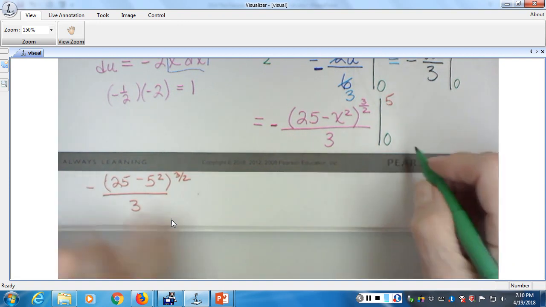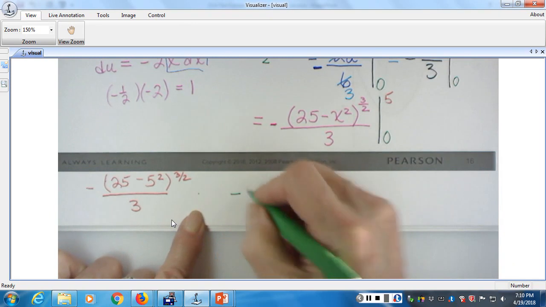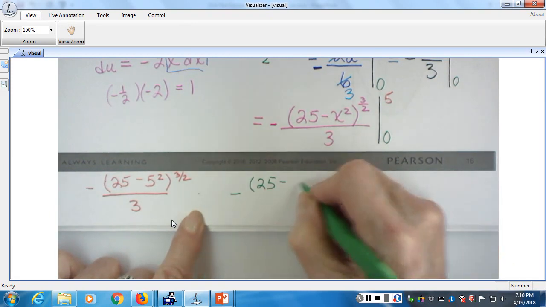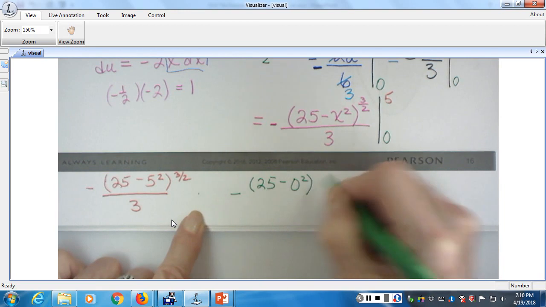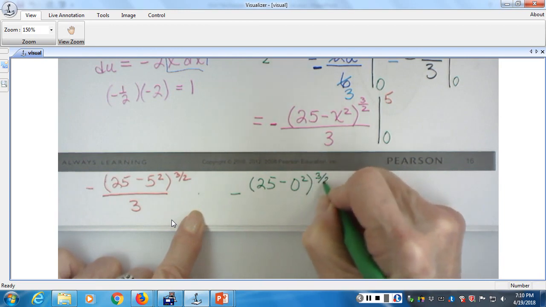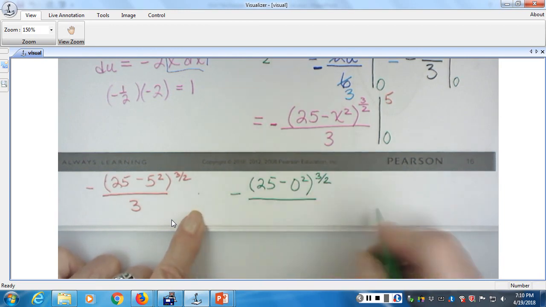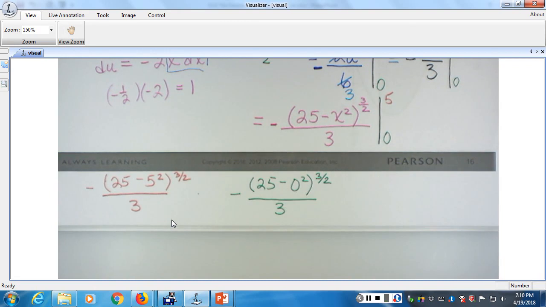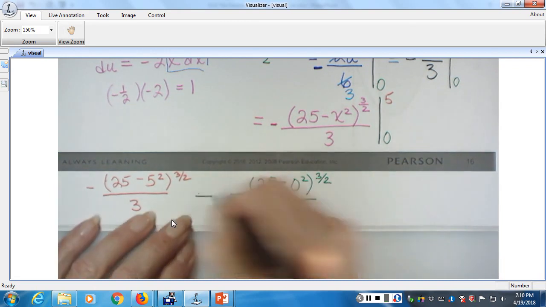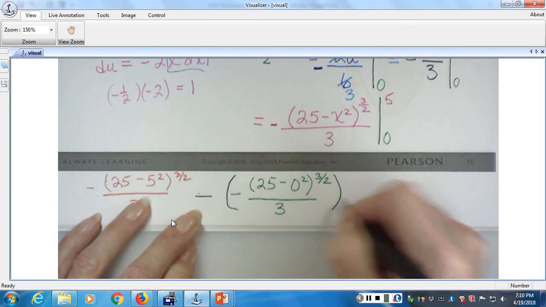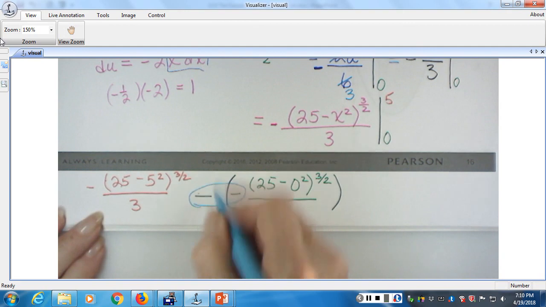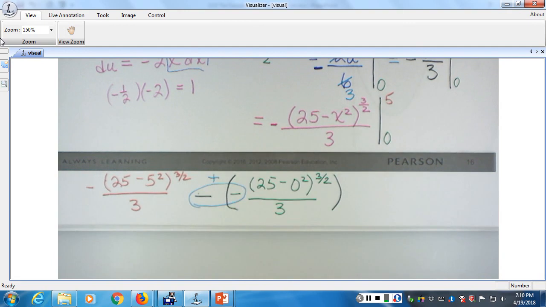And the second one's going to be that. And remember that we're subtracting the second one. So what's going to happen is those signs are going to cancel out. This is actually going to become an addition problem.